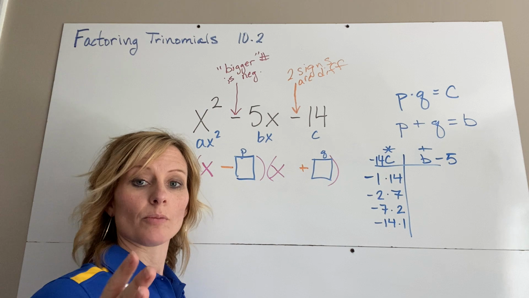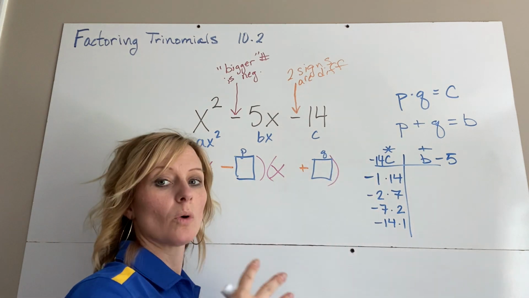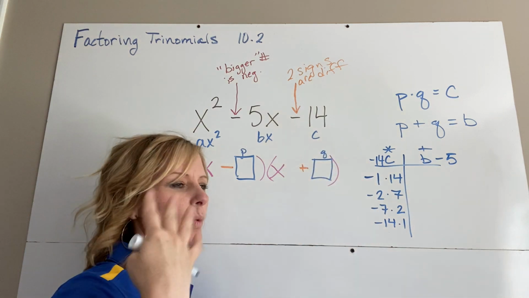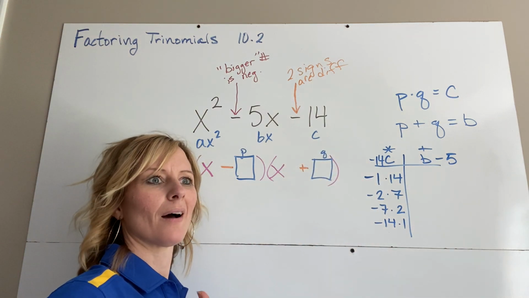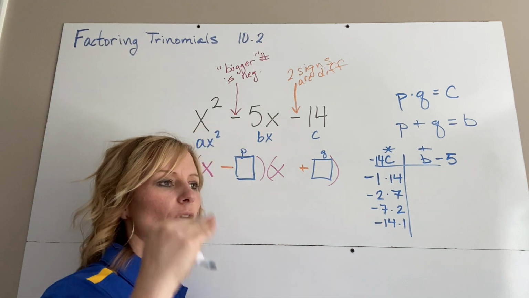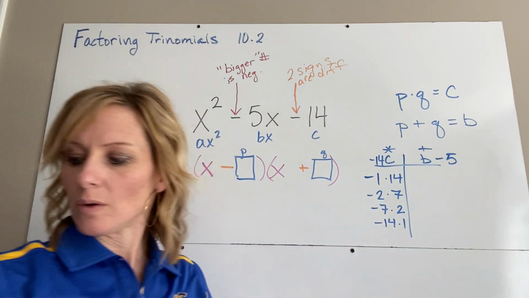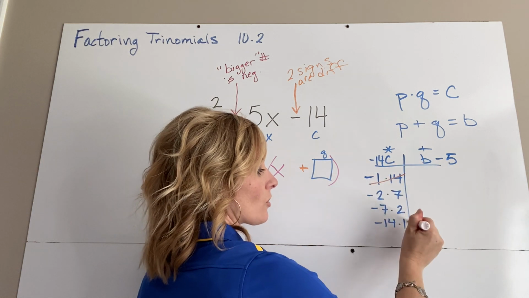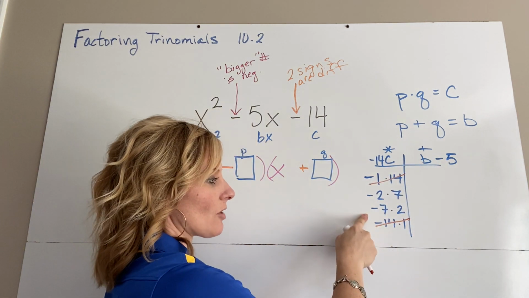Now, when you first start out, you're probably gonna need to do all the factors of the C term, but as you work through it, you'll start thinking, oh, I can do this. I don't have to go through all, because I know that 14 and 1, no matter what I do to them, I'm not gonna be able to add them up to get to 5. So those are out.